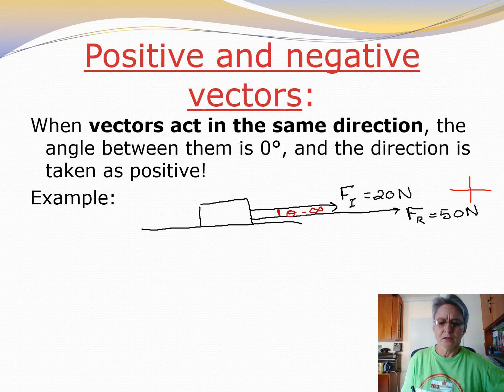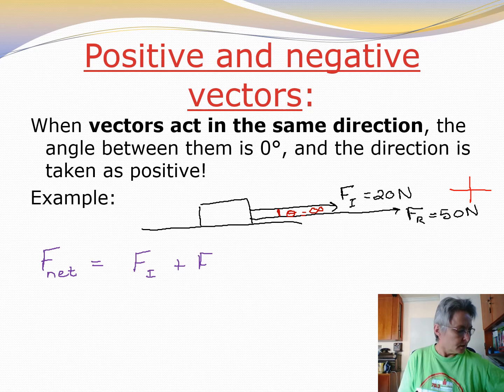So if we want to get the resultant of the forces, or the net force, algebraically we can say it is the force of Ibrahim plus the force of Rafat.